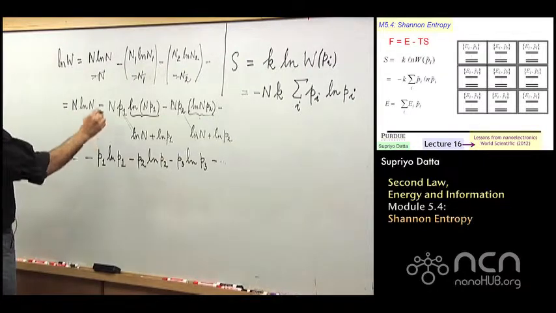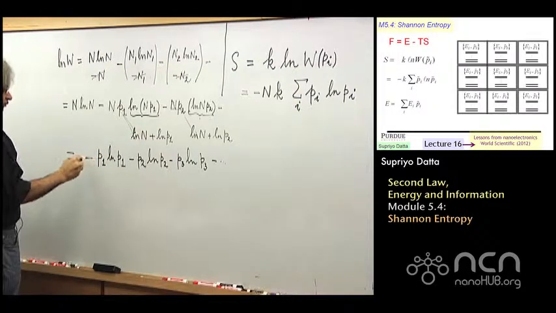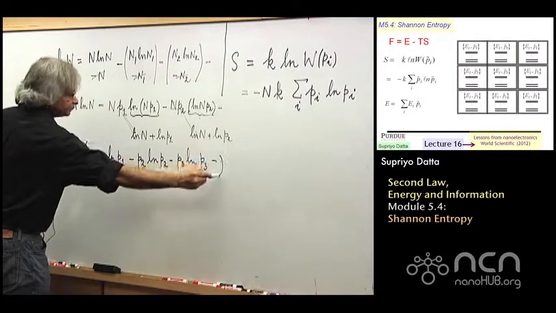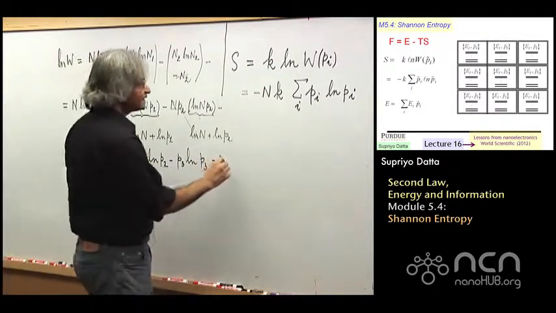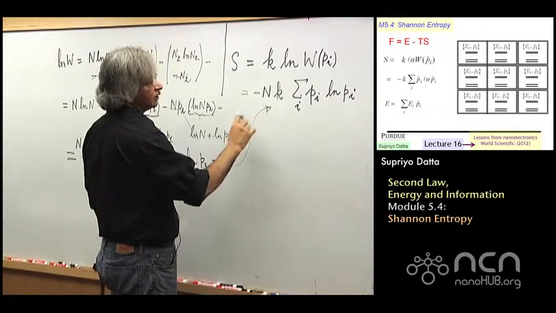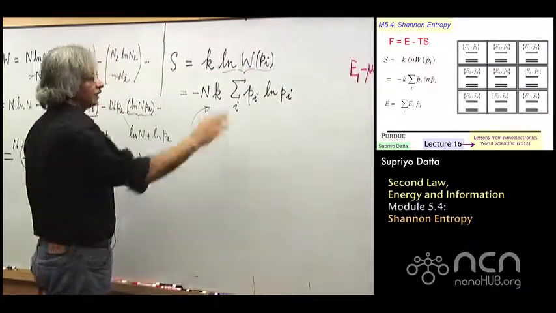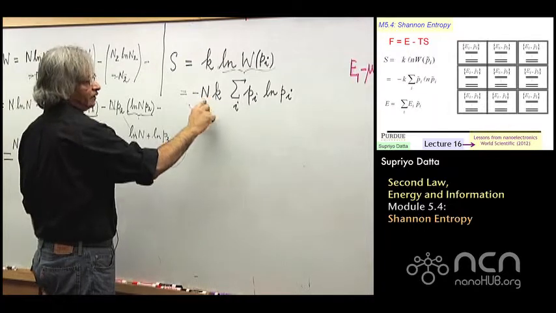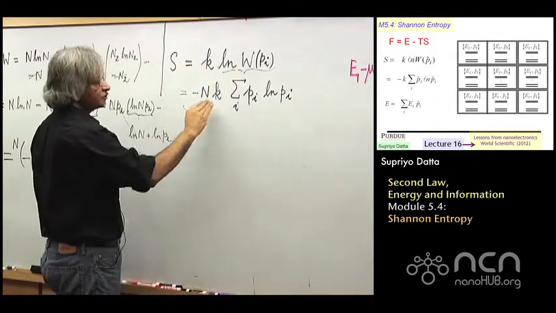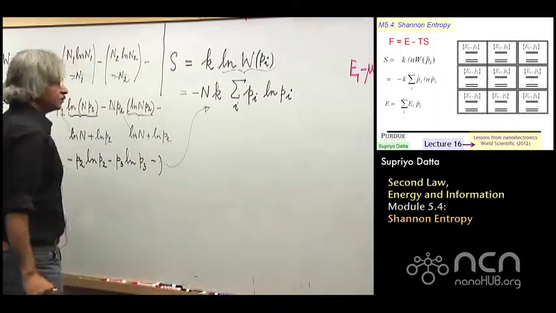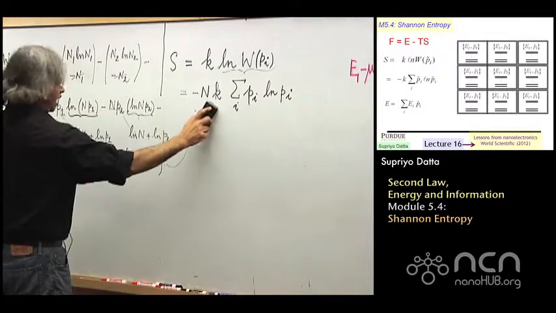Oh, I guess there was the n, of course, in front of all this, but this whole thing is, of course, multiplied by n. And if you'll notice, that's exactly what you have done here. You see, what I just did was we tried to write log of W, and I got n times this. And then, of course, S is k log W, so you put the k there. And so that gives you this expression for the entropy.